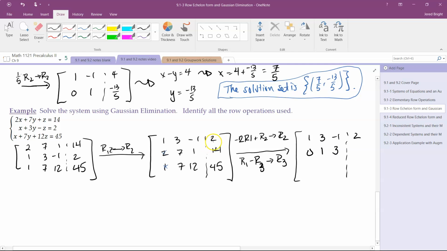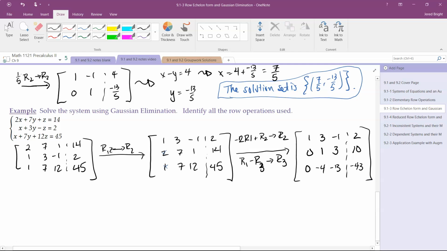And then negative 2 times 2 is negative 4, plus 14 is 10. Okay, and then when I subtract row 1 from row 3, this one's a little bit easier for me: 3 minus 7 is minus 4, and negative 1 minus 12 is minus 13, and then finally 2 minus 45 is minus 43.